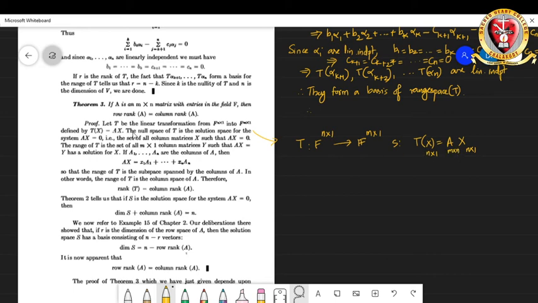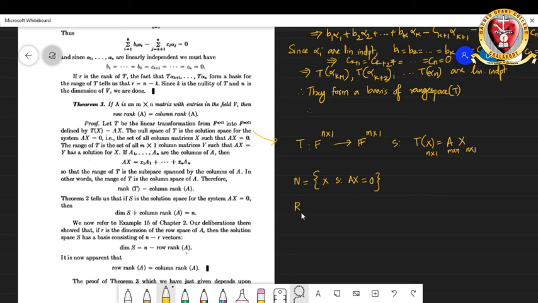The null space of T is the solution space of the system Ax is equal to 0, right? Let me call it N. N is equal to the set of all elements x in F n such that Ax is equal to 0. So that is the set of all column matrices x such that Ax is equal to 0.